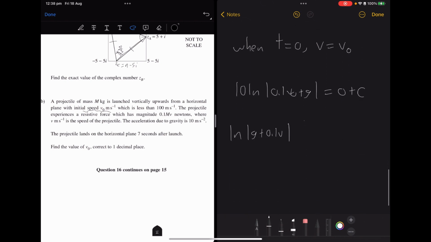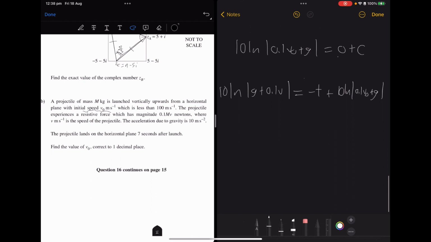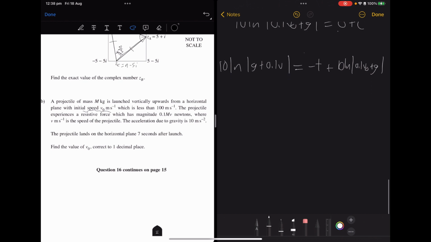So we have 10 times ln of the absolute value of (g plus 0.1 v) is equal to negative t plus 10 times ln of the absolute value of (0.1 v0 plus g). And let's just rearrange. Let's bring them both to one side and bring the 10 over.